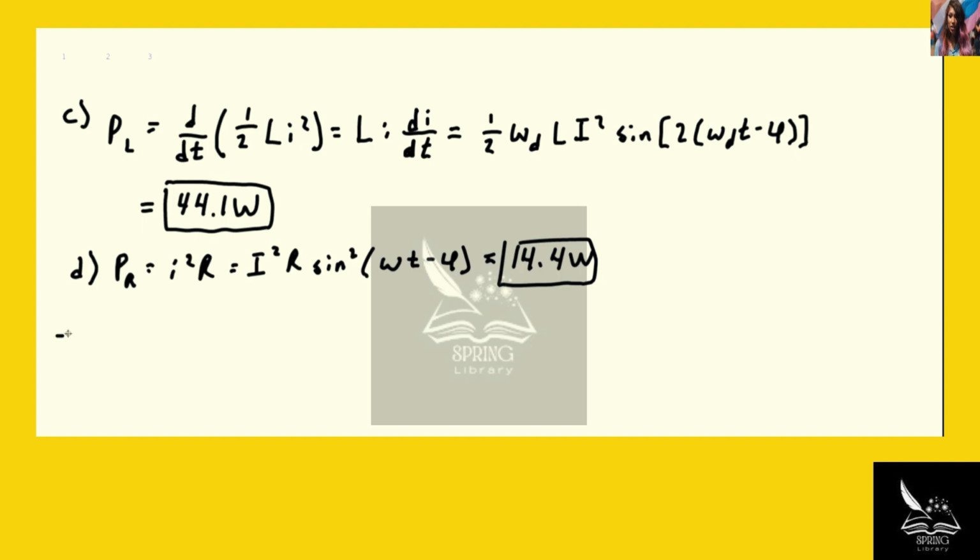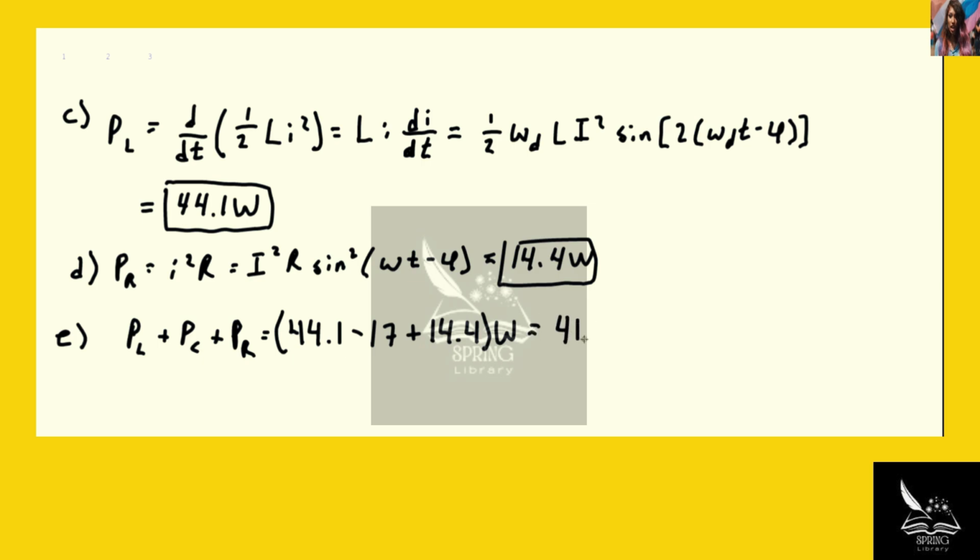And now for part E, power for the inductor, the capacitor, and the resistor. We have 44.1 minus 17 plus 14.4 watts.